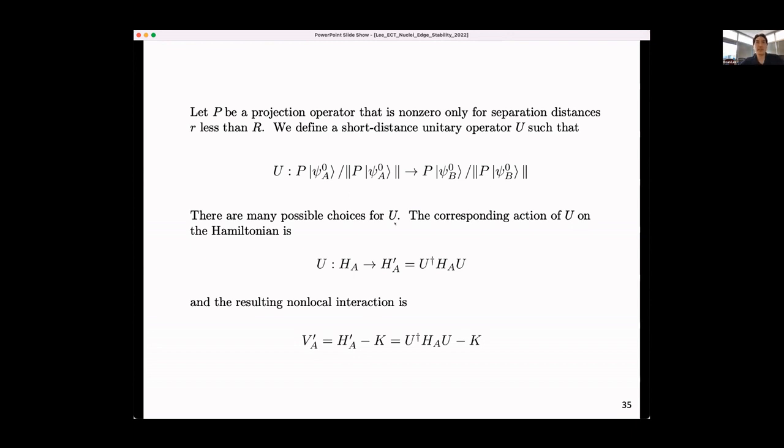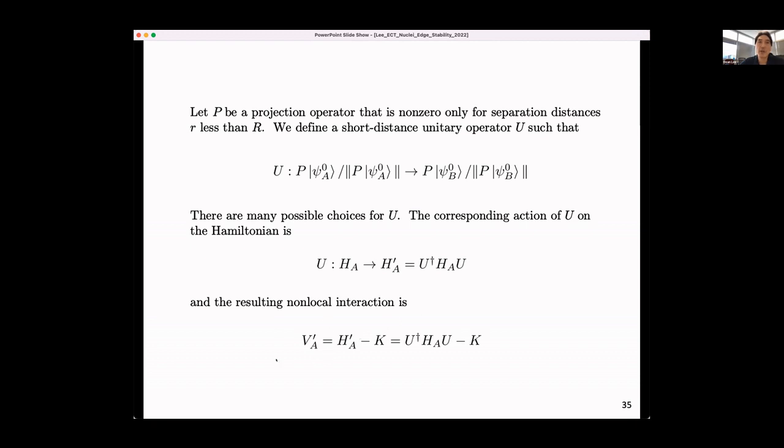Now, the rest of the unitary transformation really doesn't matter that much, but what we do is we use Gram-Schmidt orthogonalization to fill the rest of the unitary transformation. The important thing is that now we can write down a new interaction H prime A, which is U dagger H A U. And that corresponds with some new interaction just by subtracting off the kinetic energy term.